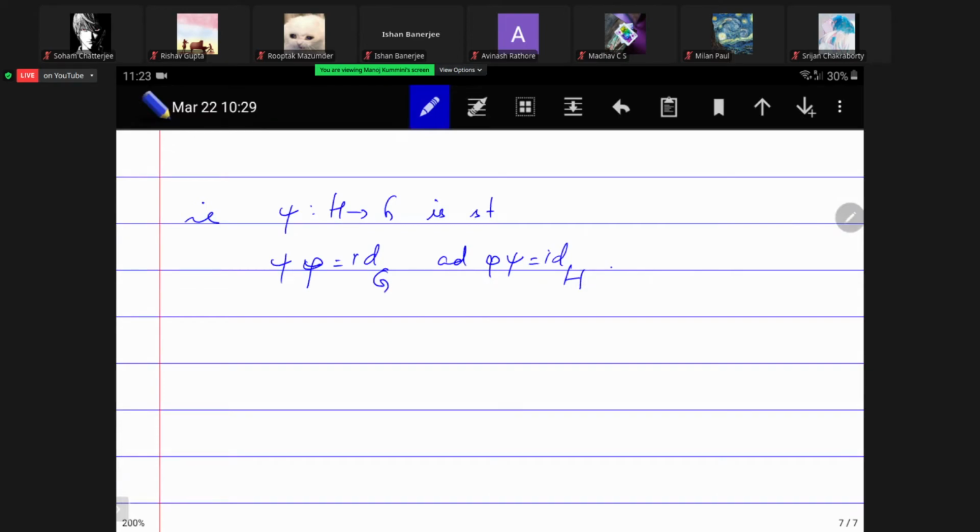If we can show that psi is also a group homomorphism, then we are done. So it's enough to show that psi is a group homomorphism.